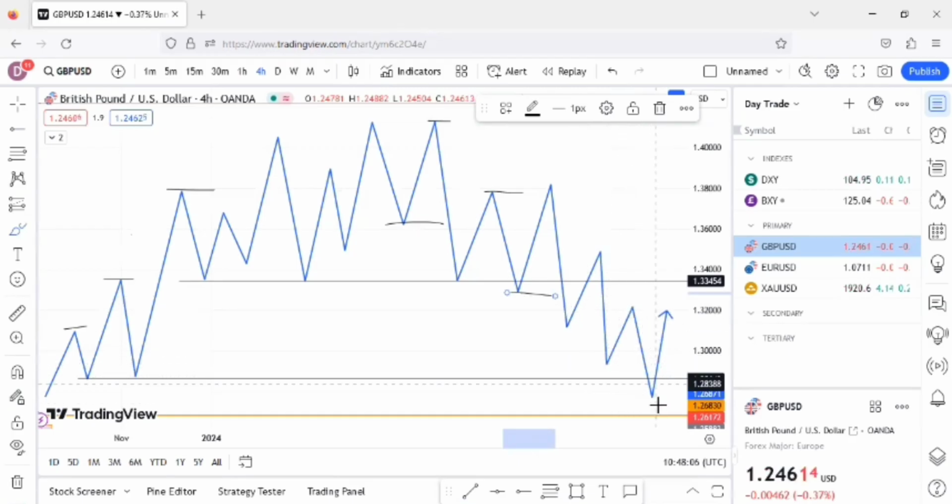After a break of structure, it goes to create another supply level again, then moves down and begins to make a move. But that's how you leverage on demand and supply in your forex trading.